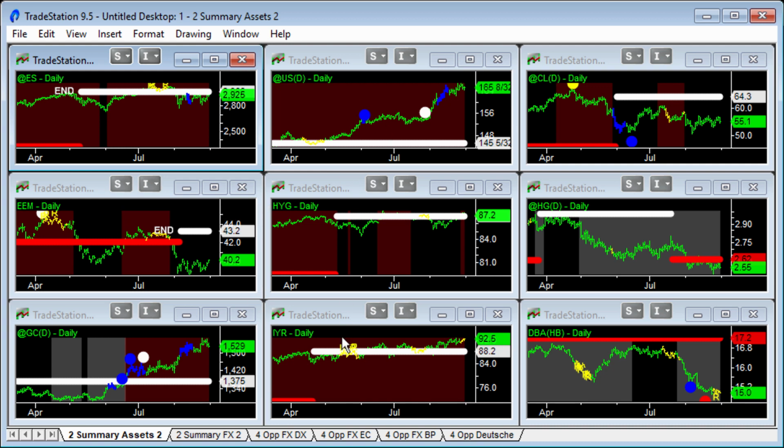Then we've got the interest rate sensitive parts of the investment world, which is 30-year US bonds, HYG, which is high yielding junk bonds, and then IYR, which is real estate. So that's interest rate sensitive, and then we've got more of the commodity view of the world. So we've got CL, crude oil, HG, which is copper, and then DBA, which is an ETF that follows the agricultural commodities. So that's a view of the major asset classes.